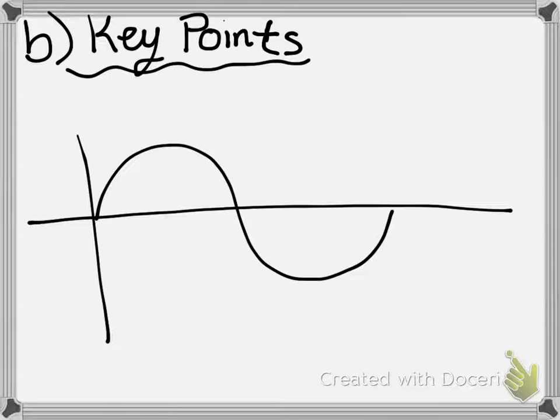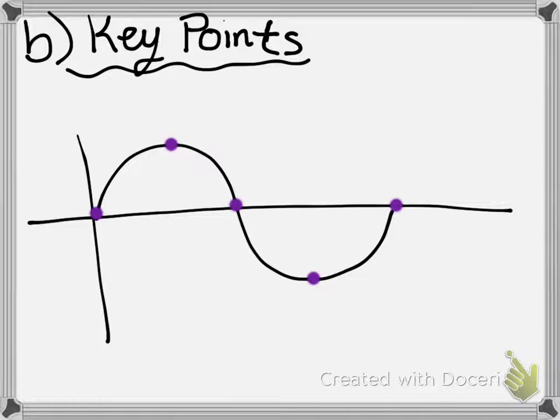We had a few key points. All these zeros here, and then our max and minimum. There are 5 key points on any sine function. So we don't need to find all those extra points. We just need to find these 5.